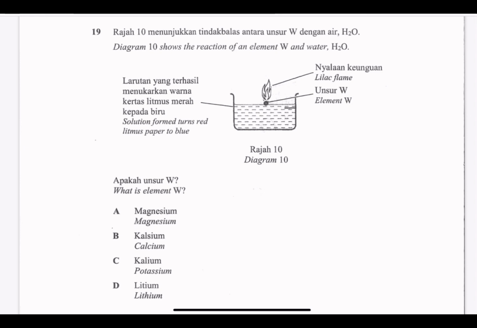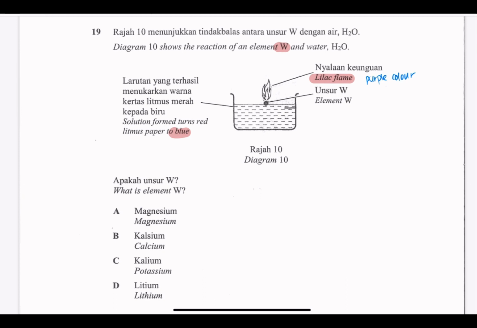Question 19. The reaction between element W and water. The lilac flame, meaning the purple colour flame. The solution formed turns red litmus paper to blue.